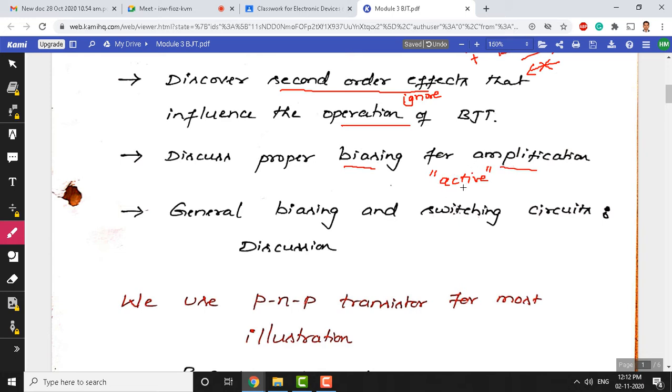Now the question arises: how do you operate BJT in the active region? You must apply proper DC voltages and establish proper current levels, so that BJT operates in the active region. So biasing means applying proper DC voltages and currents so that BJT operates in the active region. This mechanism is called biasing.